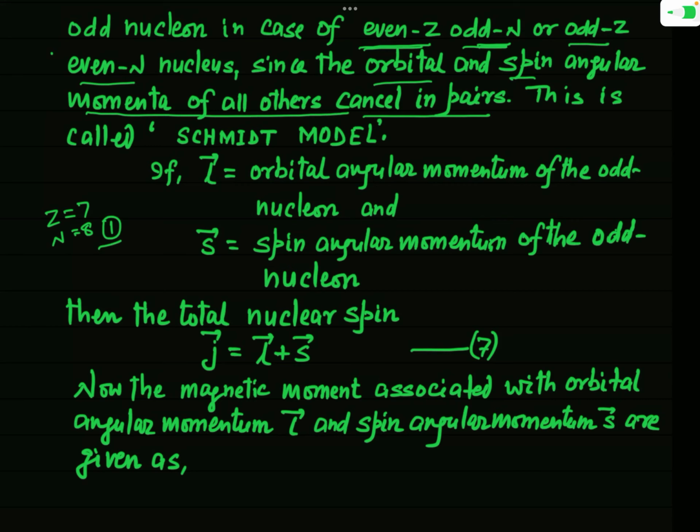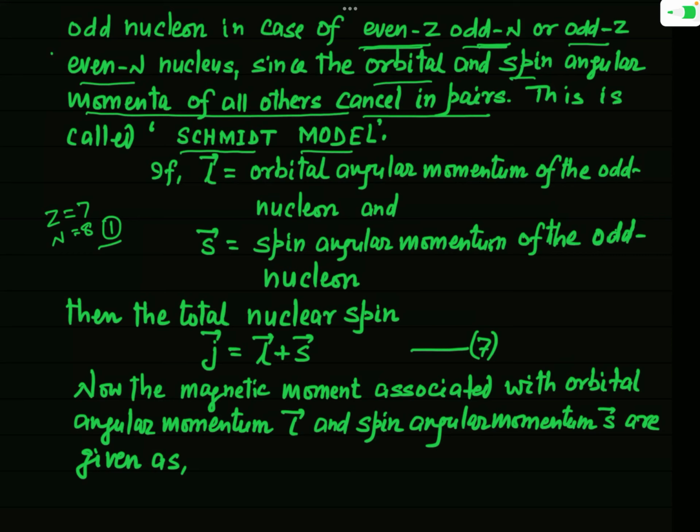All the paired nucleons have total angular momentum equal to 0, because the magnetic moment of one nucleon will cancel the other. So the magnetic moment which remains non-zero is only due to the unpaired nucleon. And this concept is known as the Schmidt model.